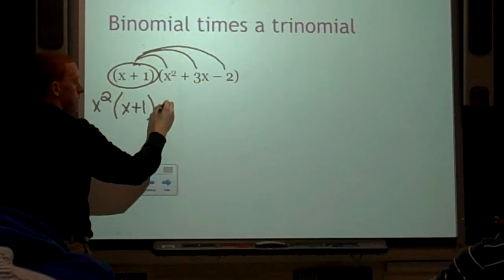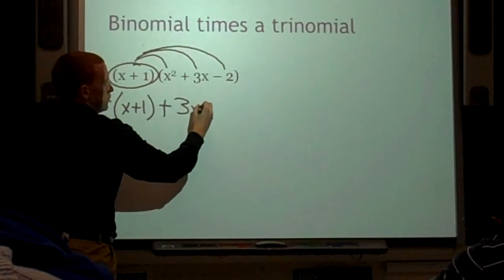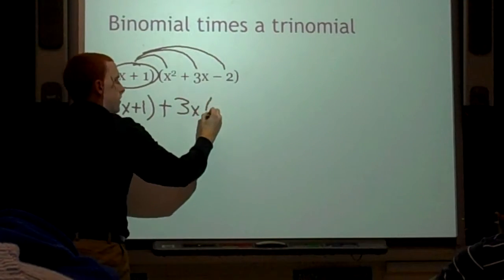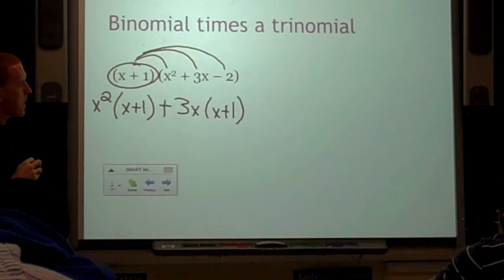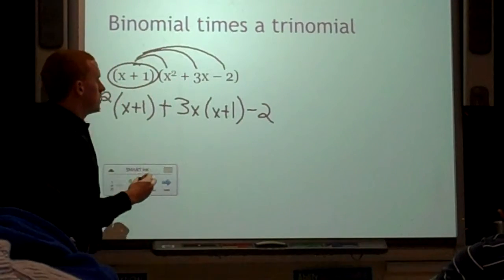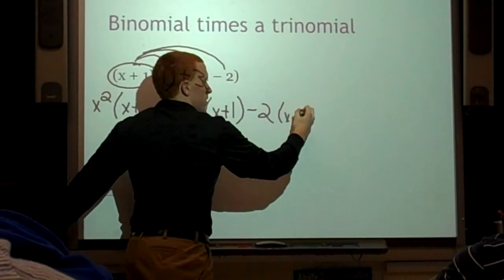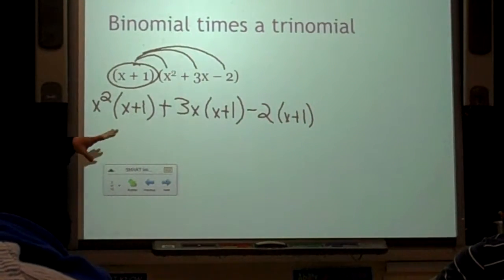So now what's my next step? 3x times x plus 1. Negative 2 times x plus 1. So there is a way that we can write it out.